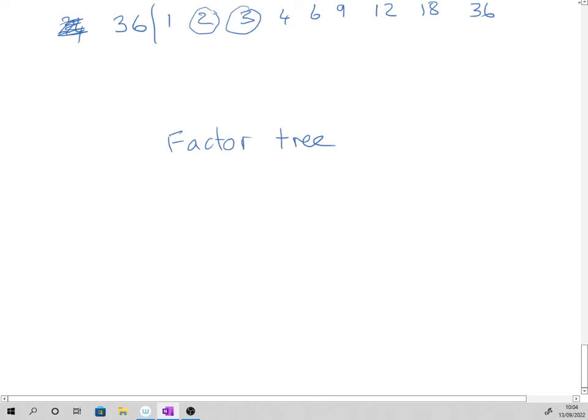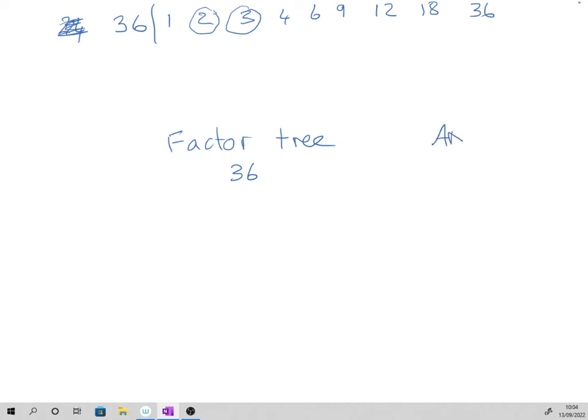So let's do the number 36. What you do with the number 36 is, 36 has all these factors, and you can pick any two numbers that multiply together to make 36. And I'm going to go 2 times 18.